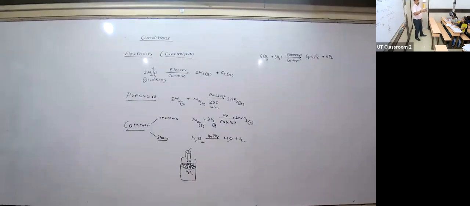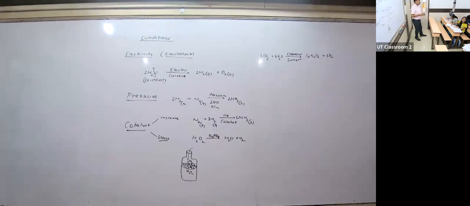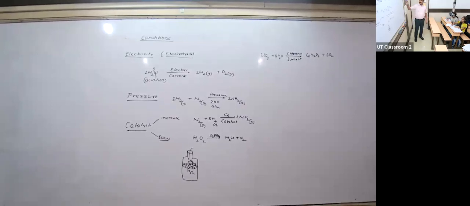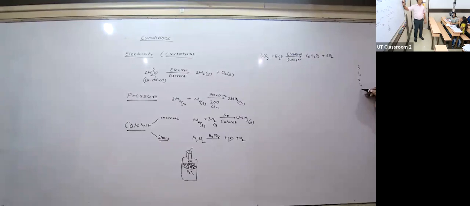How much did you get in maths? In maths, 3. In maths, 4. Then 2. I got 1 in physics.